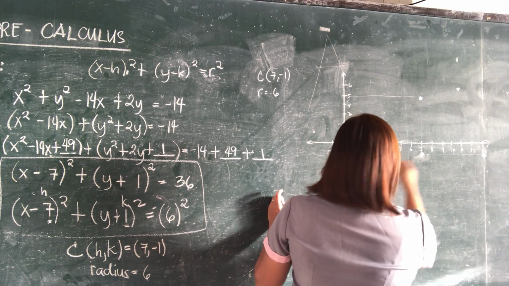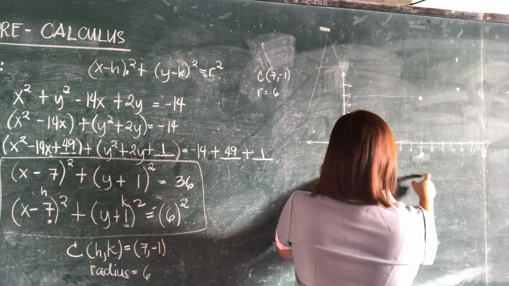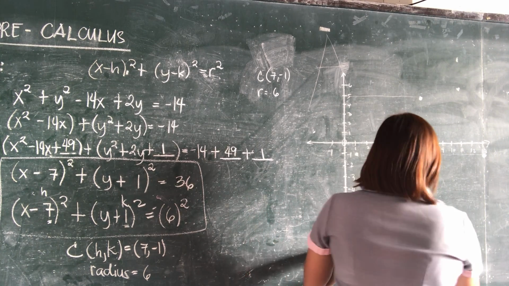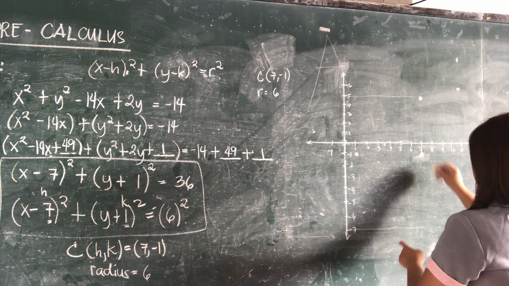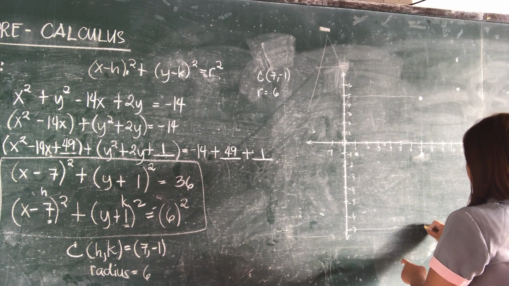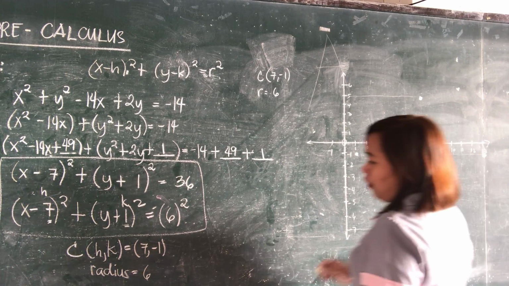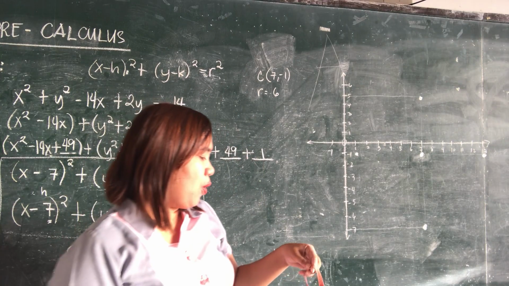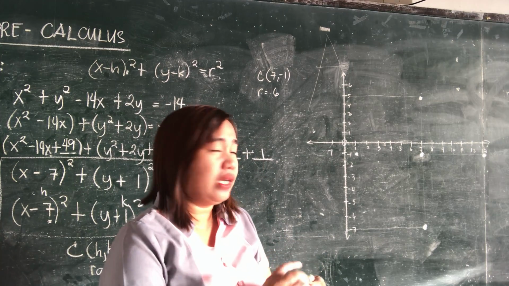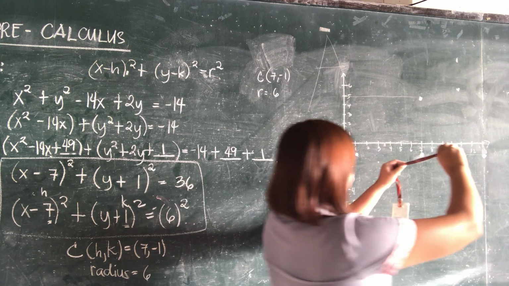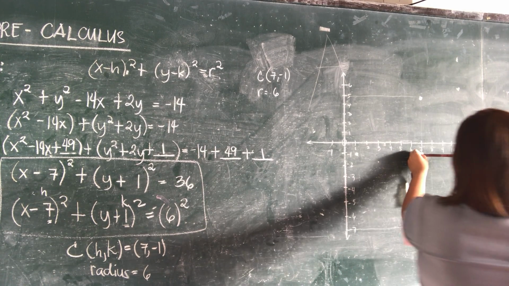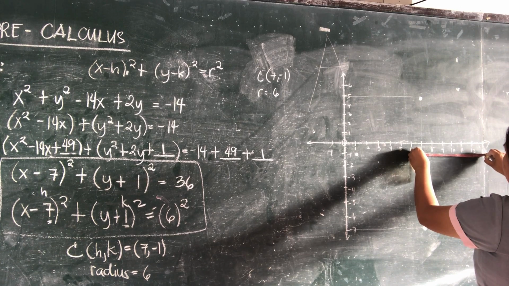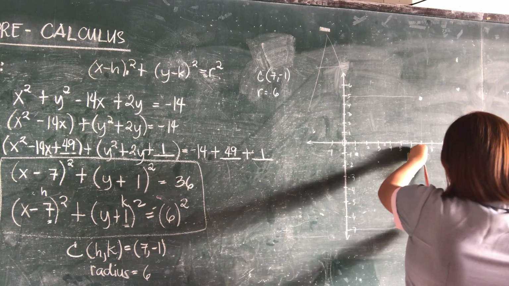And going downward, we have 1, 2, 3, 4, 5, 6. Dito sa negative 7. Diyan yung another point. Then from that, since we have the points now, yung 4 na point na magiging guide natin to draw the circle. So, yung isang kamay dito sa center, then the other one dun sa any point na nilagay natin para sa ating radius. Then connect.